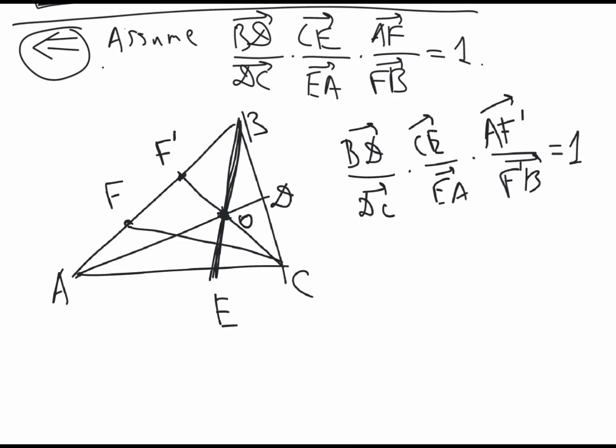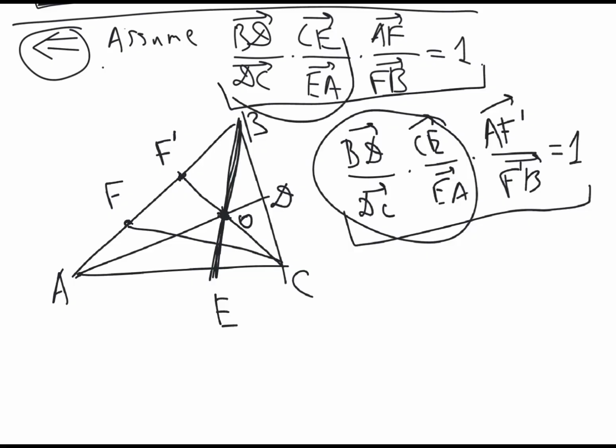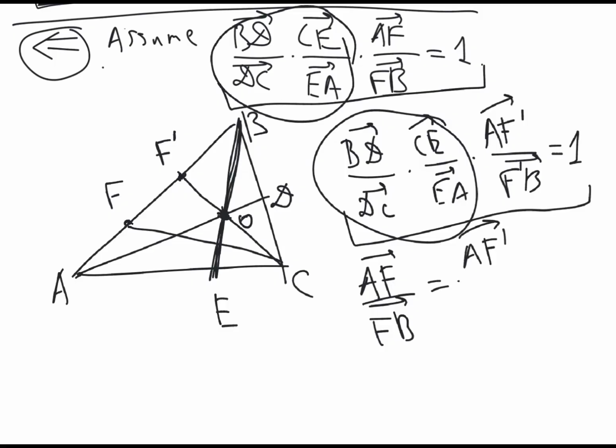So from the already proven statement we get this, and now combine it with this, the first two fractions are exactly the same. When we divide one equality by the other, they cancel each other, and what we get is that the third ratio must be equal. So AF over FB is equal to AF prime over F prime B.